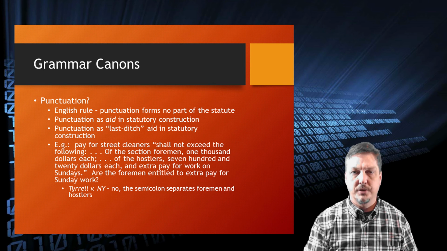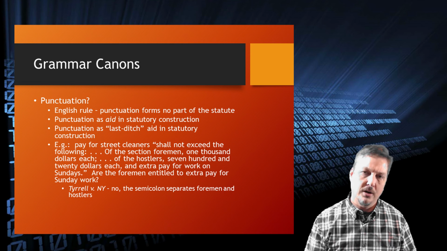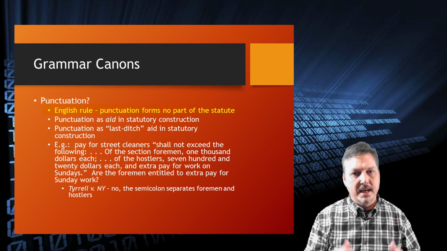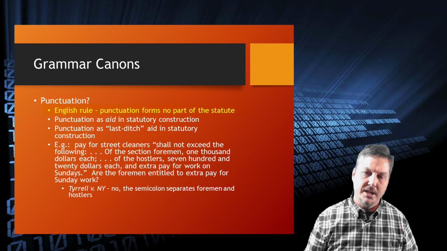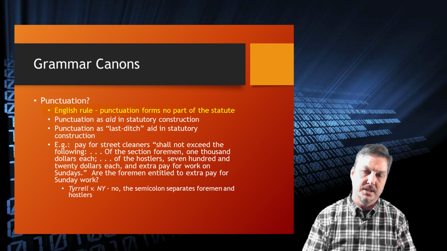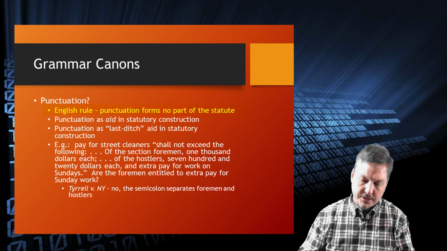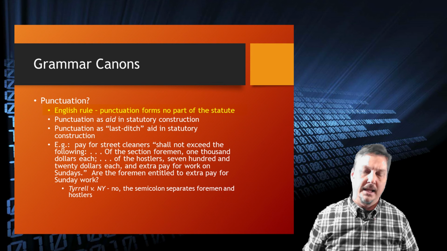So, for example, punctuation. Well, the background of the English rule is that punctuation forms no part of the statute at all. Why is that? Well, historically, when Parliament passed a statute, the actual statute was what Parliament spoke or passed, and then a clerk would transcribe and enroll the statute later on in the official record.